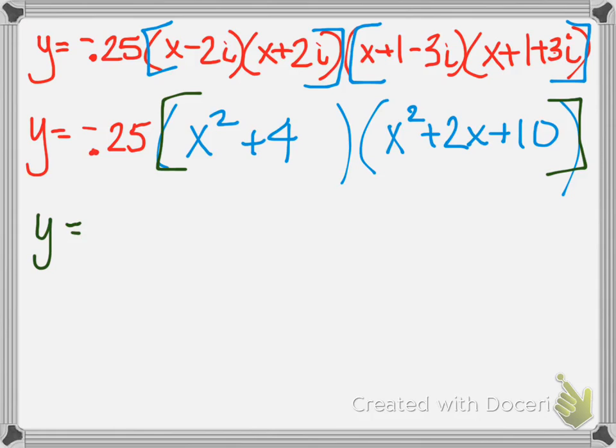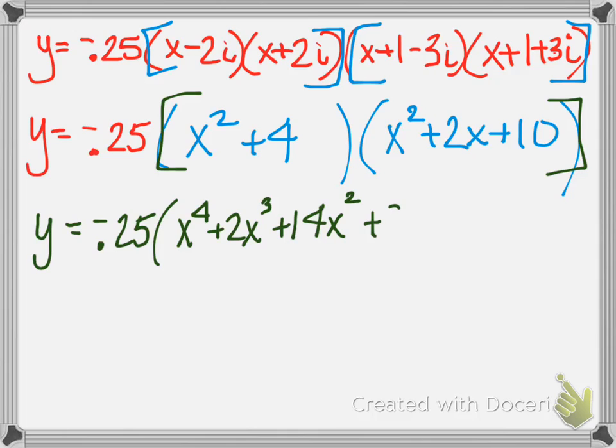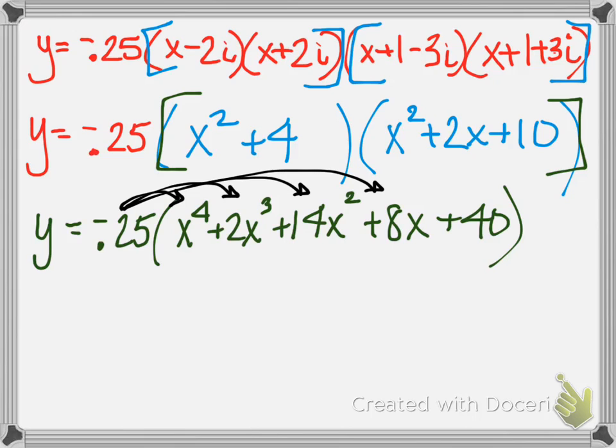So y equals negative 0.25 times x to the fourth plus 2x to the third plus 14x squared plus 8x plus 40. And then, as if that wasn't enough, the very last step, we have to distribute our vertical scale factor, the negative 0.25.